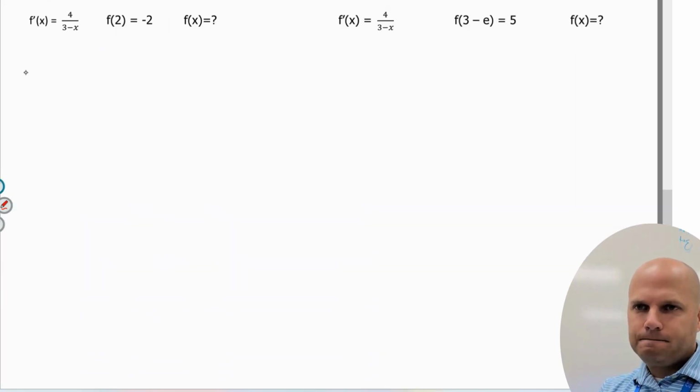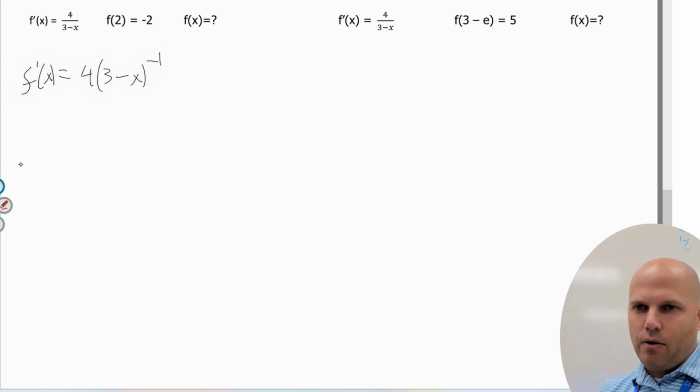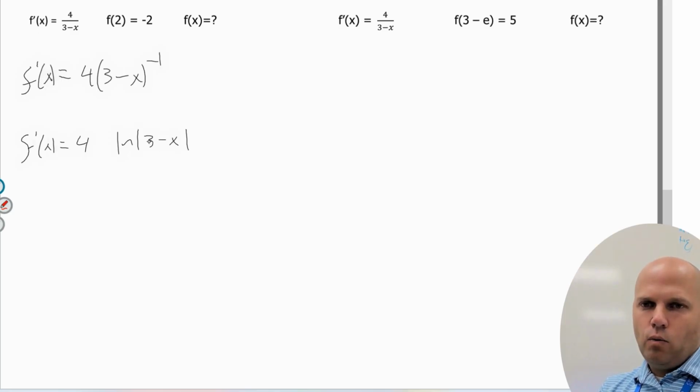Okay. I'm going to start, before I take the antiderivative, by rewriting this as a negative first power. I'm going to remember the power rule does not work for a negative first power. So I leave the constant, take the antiderivative of the negative first power, worry about undoing the derivative of the inside, and all of a sudden I have a negative 4 because of that negative coming out.